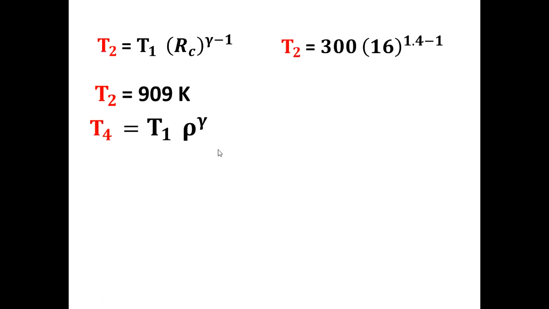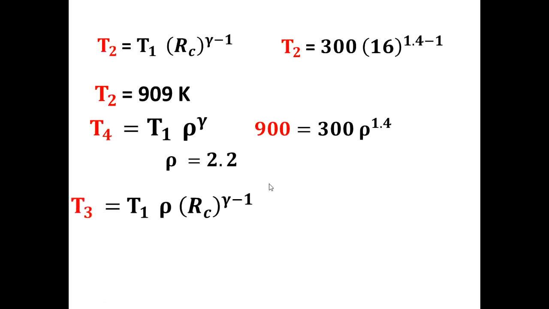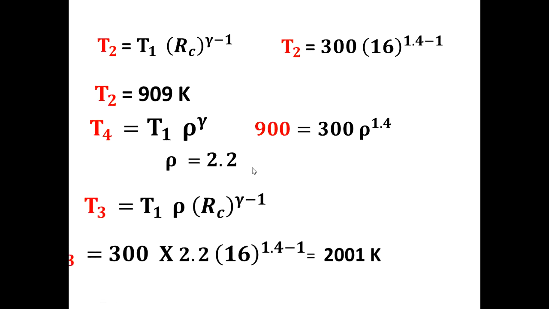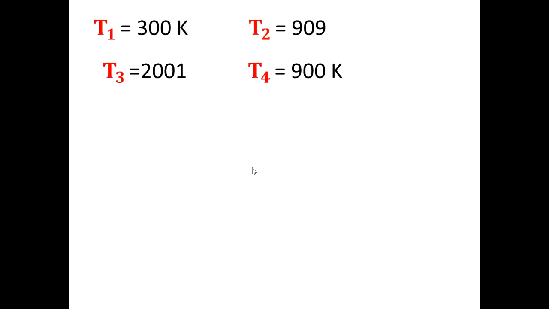T4 is equal to T1 rho to the power of gamma; put all the values and you will get rho as 2.2. Therefore T3, by this equation, is 2001 Kelvin.